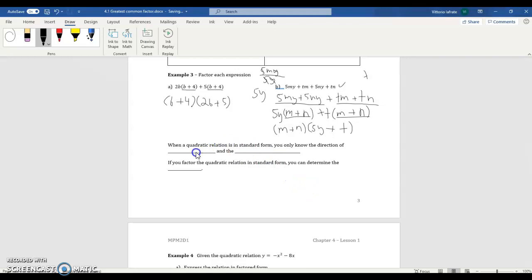So when you have a quadratic relation in the standard form, the only thing that you really know is the direction of the opening of the parabola. And you also know the y-intercept.